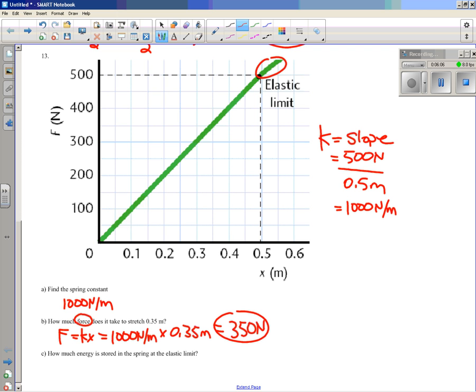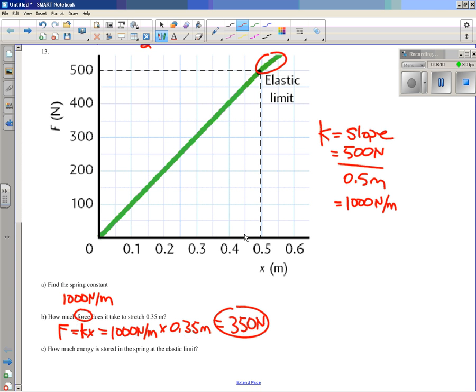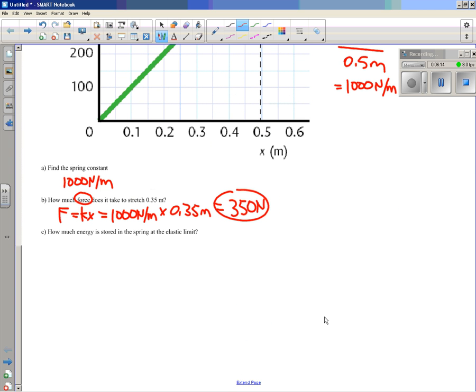Last question says, how much energy gets stored in the spring when it gets up to that elastic limit? There are actually two ways you can do this. I can use the energy formula for the spring, which is elastic energy equals 1/2 kx squared.